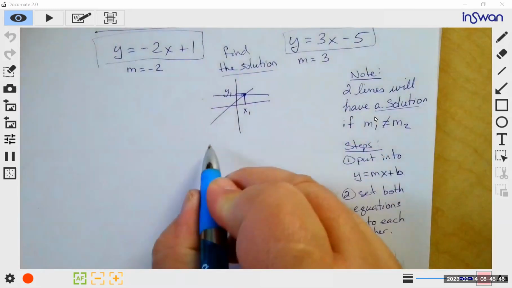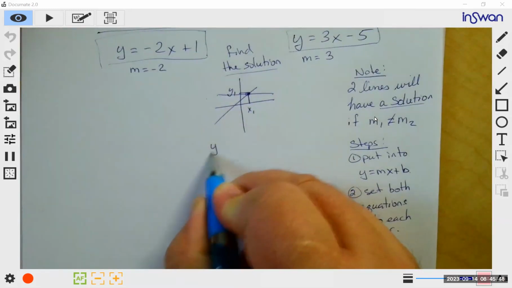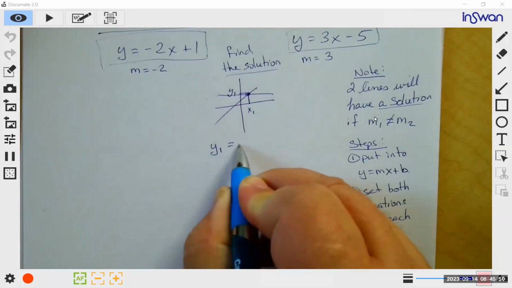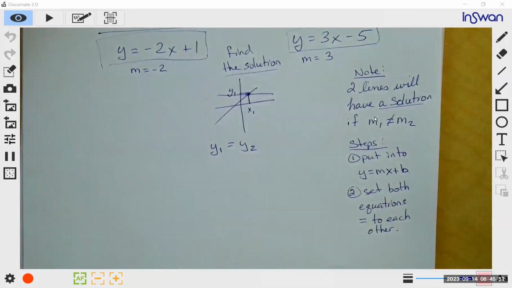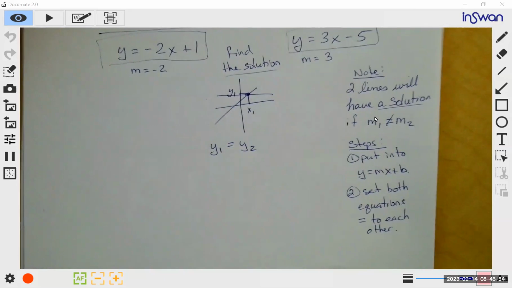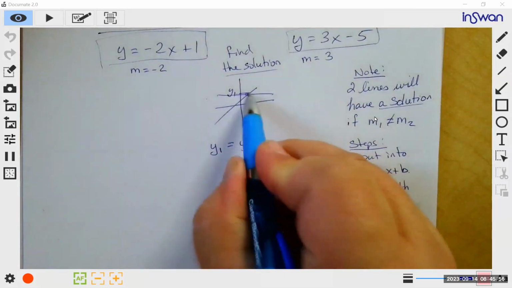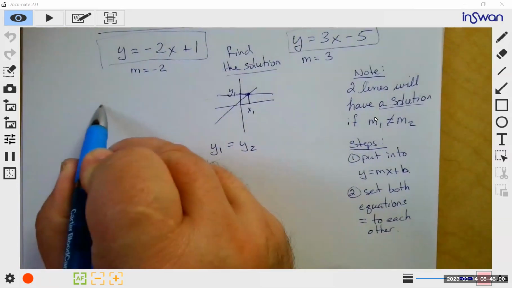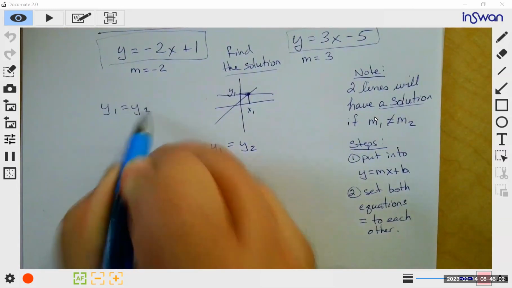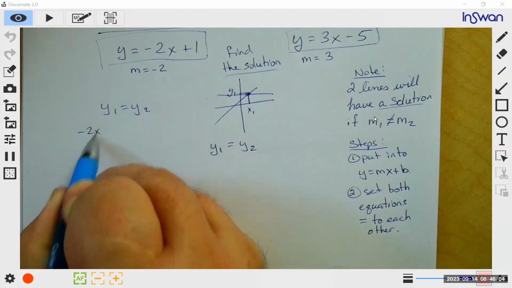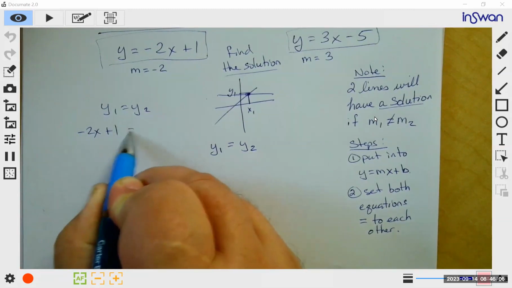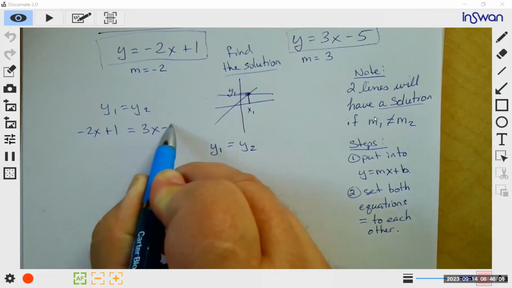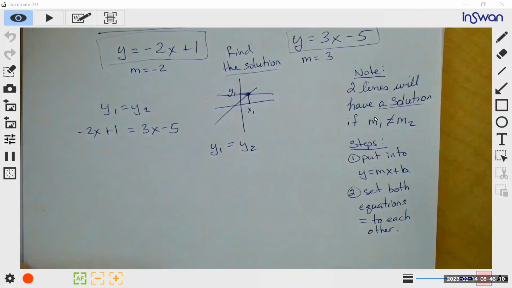So the y of line 1 has to equal the y of line 2. They have to have the same point if it has a solution. So we have y1 equals y2. So it's -2x plus 1 equals 3x minus 5.